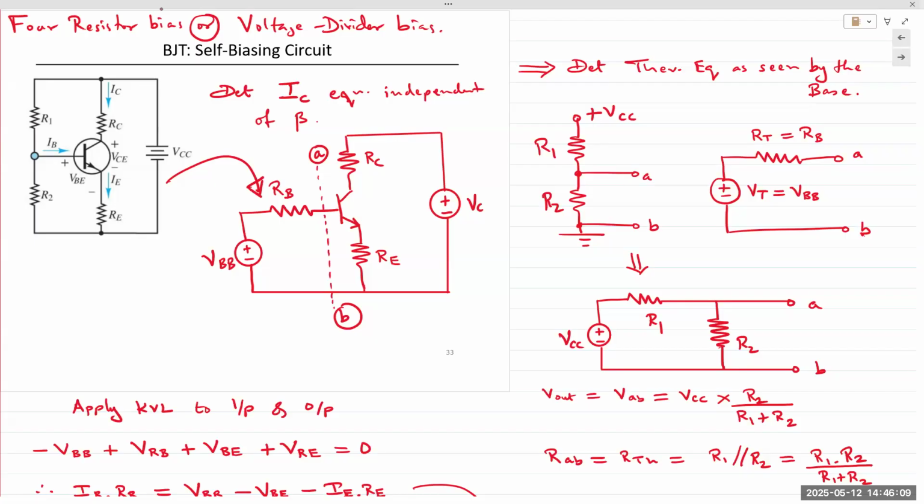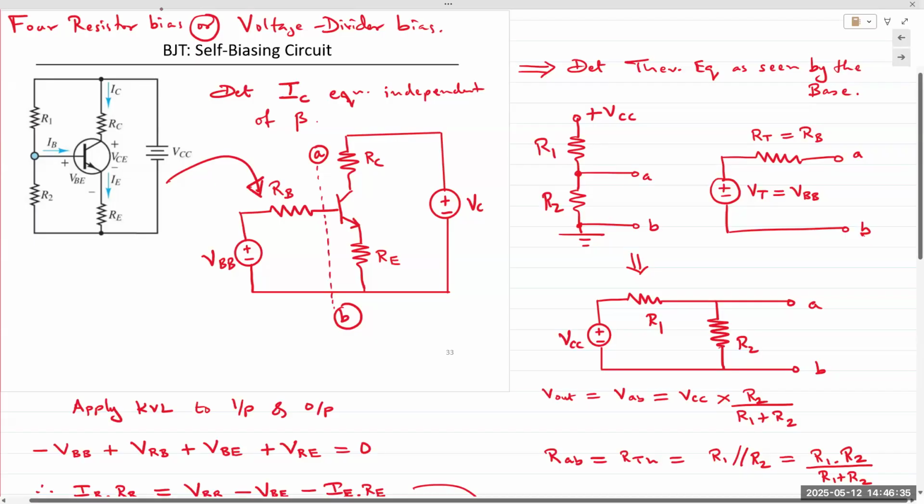On the input side, we have the base voltage or the base current, IB. So essentially, we want to find an expression for IC in terms of the input IB or the input voltage, VB. That's what we want to do. And then we look at the final equation and try to see if we can minimize the effects of transistor beta on the output current IC.